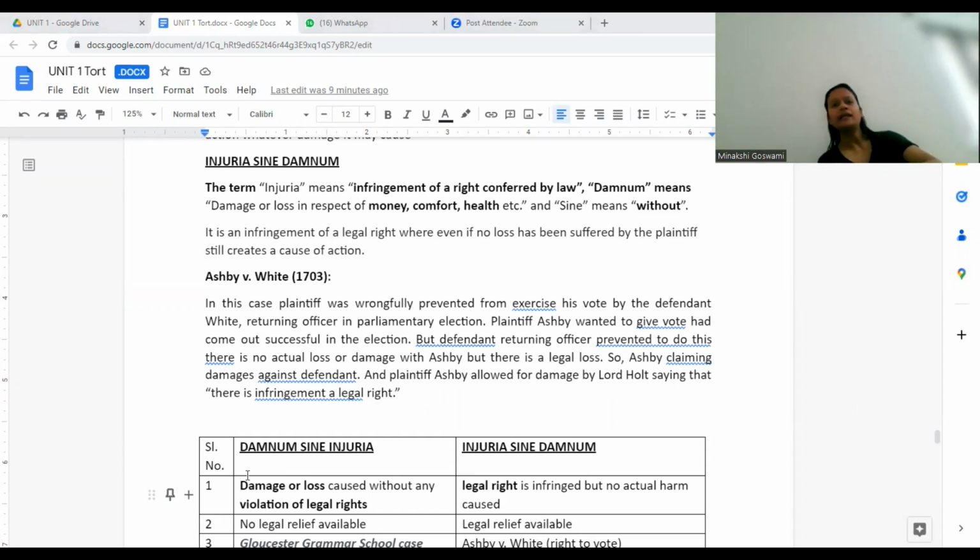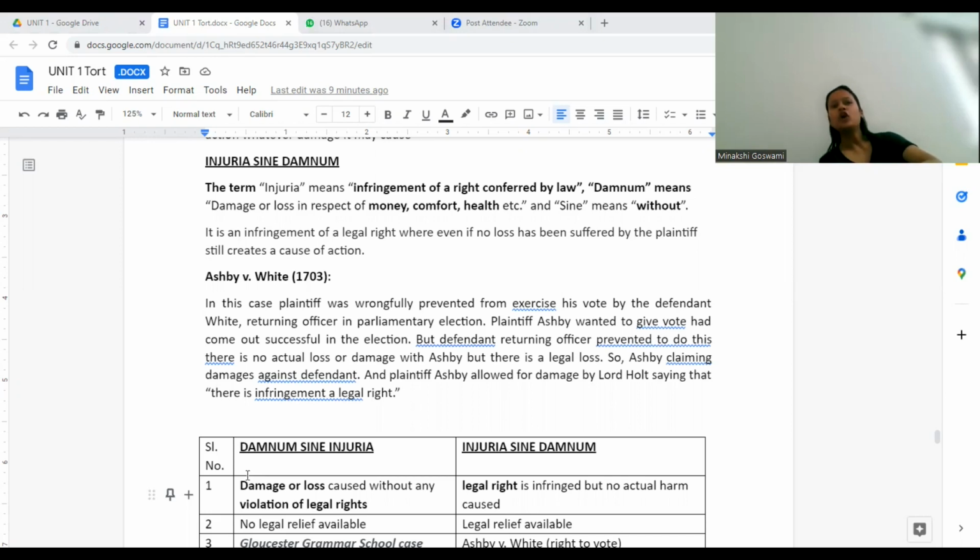But if we look at any actual damage, he has not suffered any actual damage, because the candidate for whom he wanted to vote anyway won the election. So in reality, it does not matter whether you gave your vote or not. The candidate anyway won the election, and that's what you wanted.